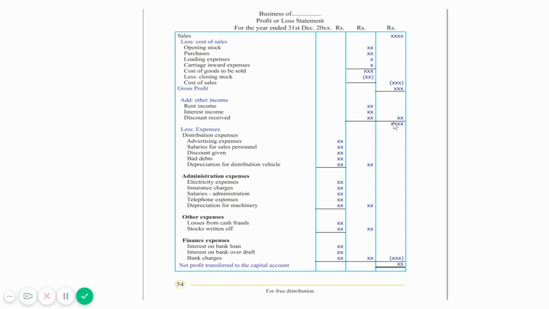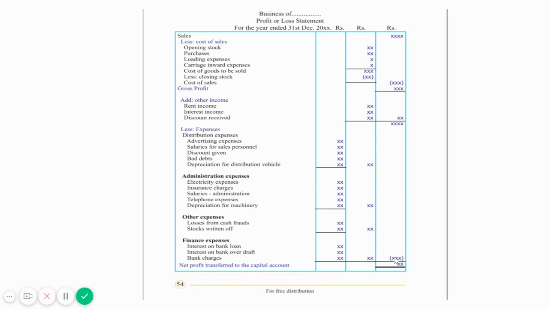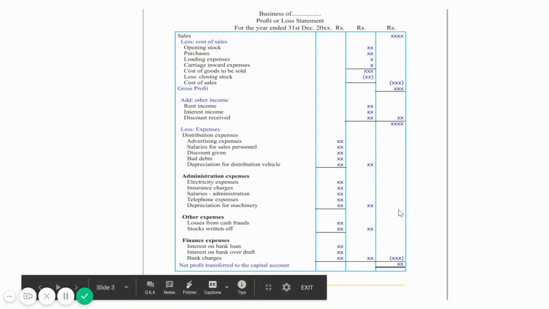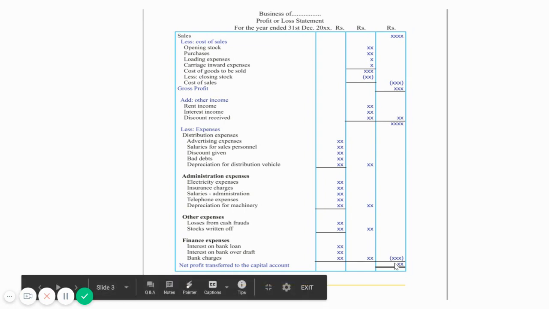For that, you have to add the other incomes of the business, and thereby you will get the total income of the business. And from that, you have to less the 4 types of expenses, and you have to consider it as one figure, one expense figure. And from the total income, once you deduct the total expenses, you will end up with the net profit of the business, which you are going to transfer to the capital account.